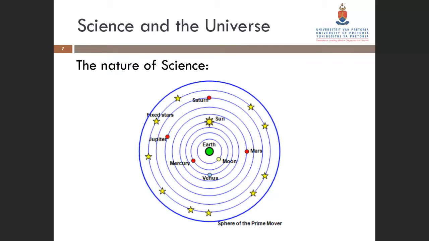It looked like everything is moving around Earth because we see the stars coming up, the stars setting, the planets coming up, the planets setting, the sun coming up, the sun setting. So we create a model around it based on our observations and the knowledge we have available. But these models can be subjected to change as we understand them better.